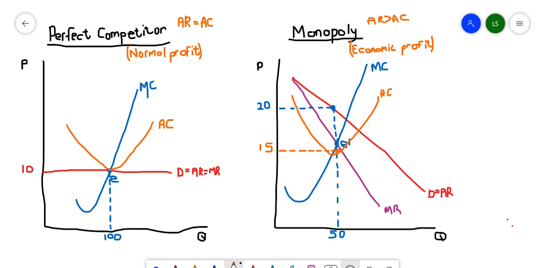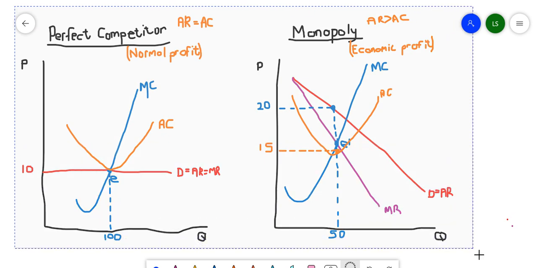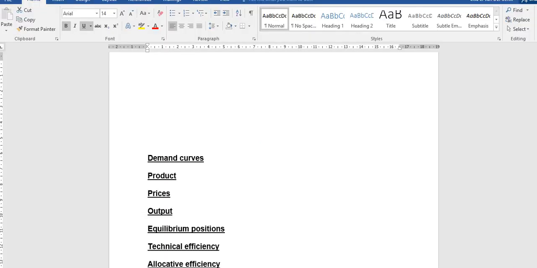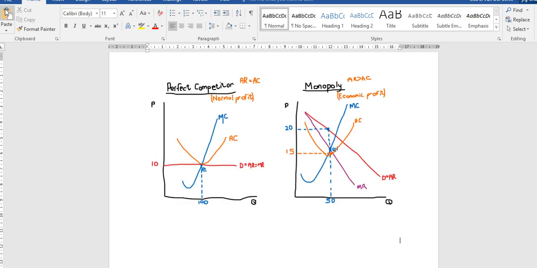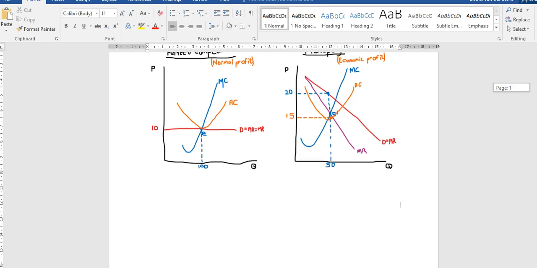All right, once we have drawn the graphs, now we are going to do the comparison based on the graph. I'm just going to take this where I can type. All right, so we're going to look at those graphs.